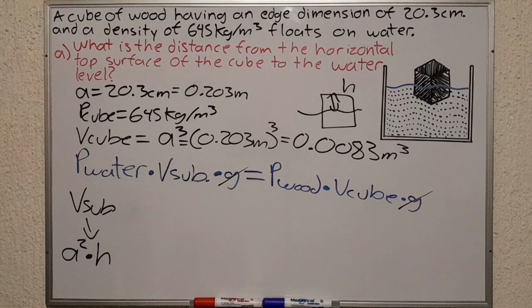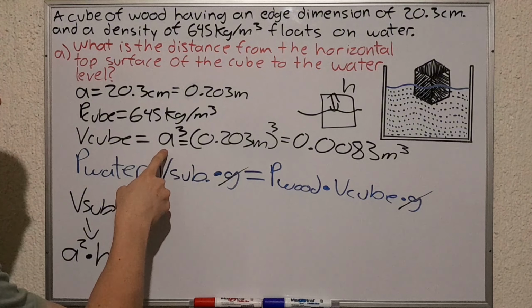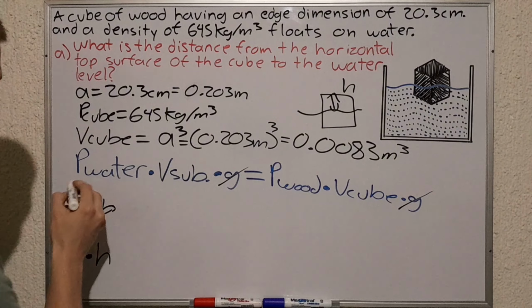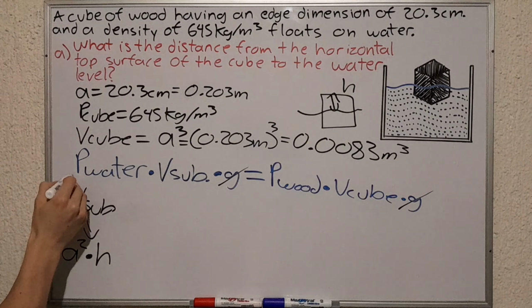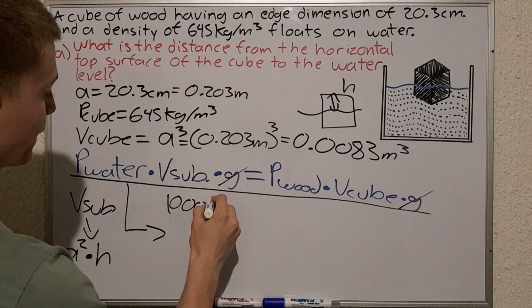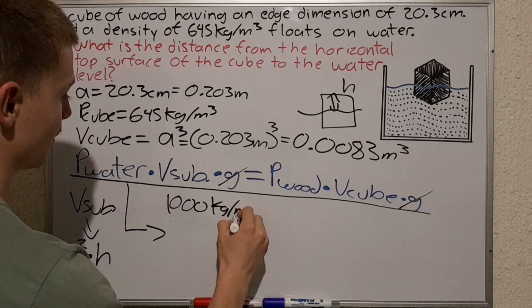And so then we've got all our values in here. But we're gonna replace with V sub and V cube in here, which V cube is A cubed, as you can see now. So then this would be all equal to the density of the water, which is 1,000 kilograms per cubic meter.